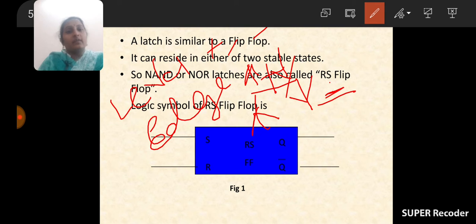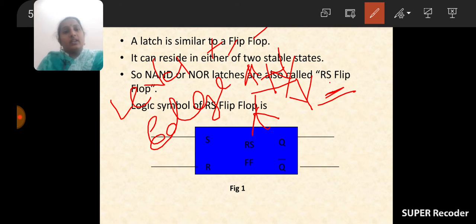While coming to level triggering, the output of the next stage will be changed only at the levels. If the output is changed at the positive level, the triggering is called positive level triggering. If the output is changed at the negative level, it is called negative level triggering.